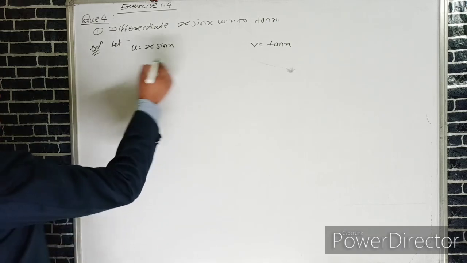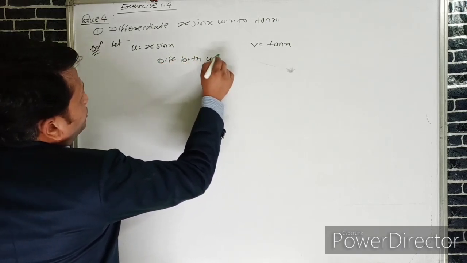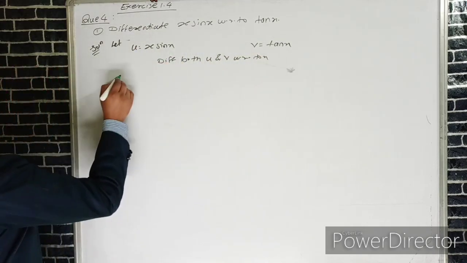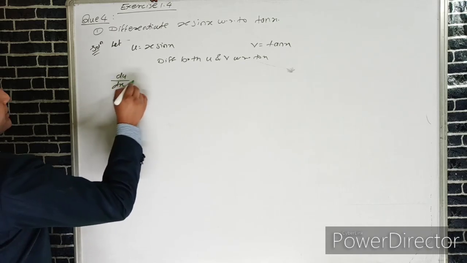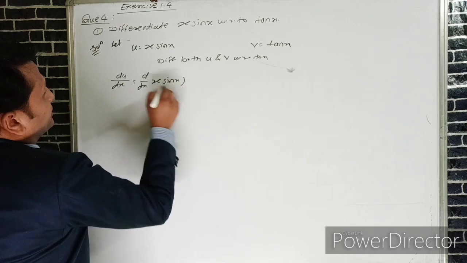Now, if we differentiate both u and v with respect to x, we can write the derivative of u, du upon dx, is equal to the derivative of x into sin x.